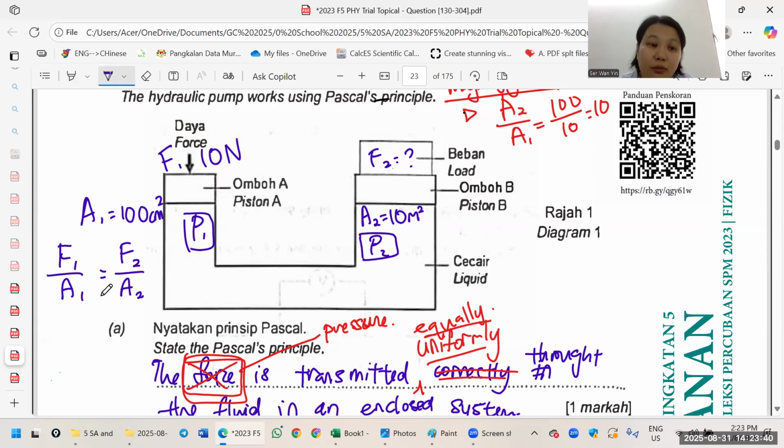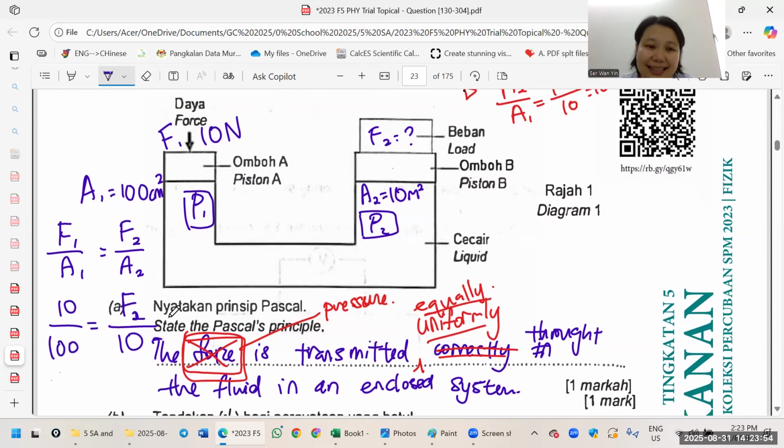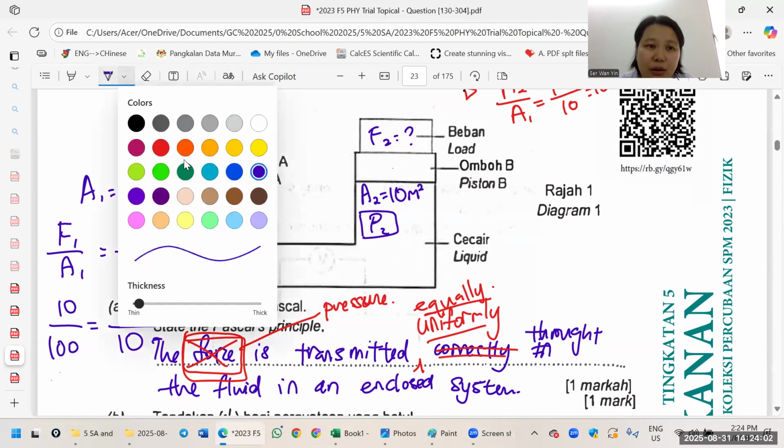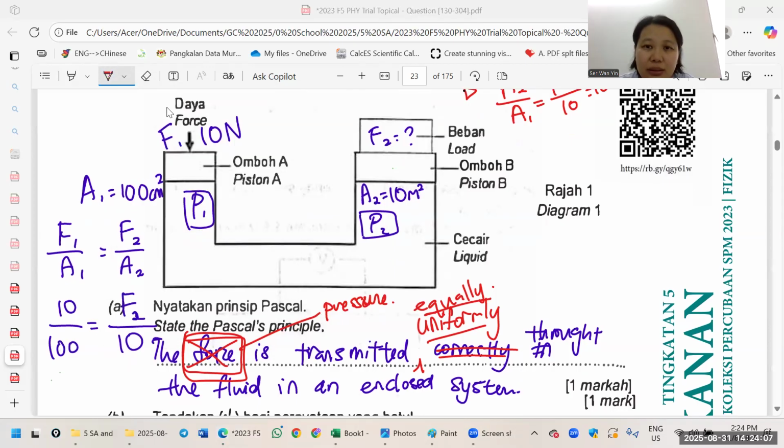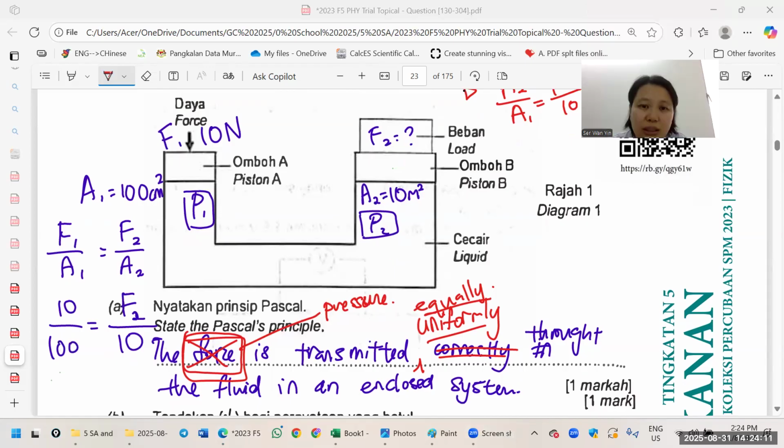Pressure equals to F over A. So we substitute 10 divided by F2, A2 10, 100. Is it? What's wrong?